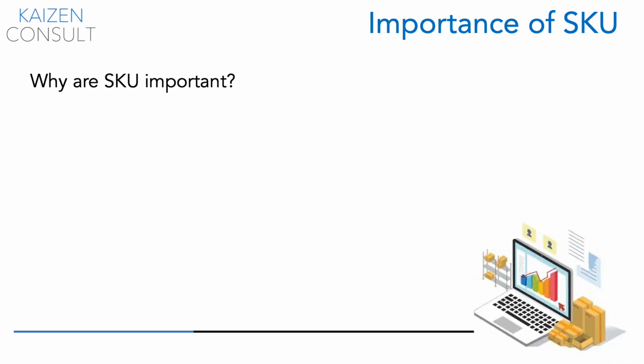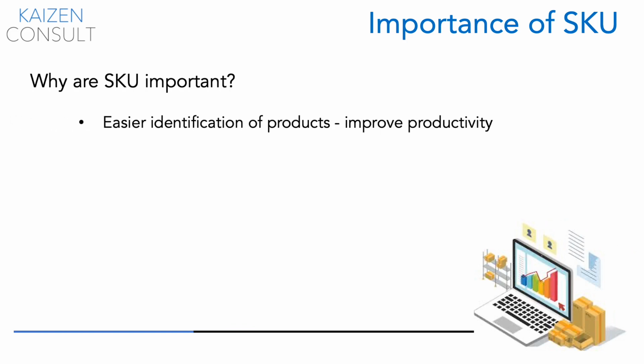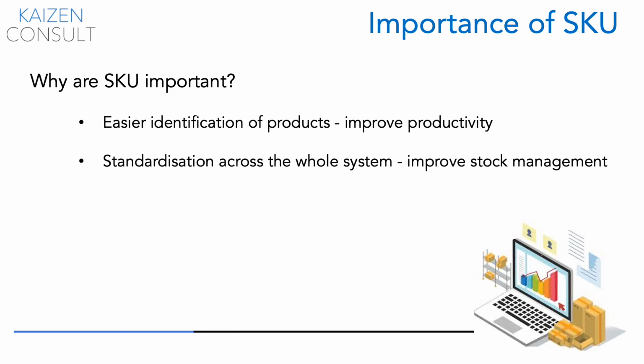The importance of SKU. So why are they so important? They provide an easier identification of products for you and for others, and therefore improve productivity. They create a standardization across the whole system to convey info quickly and improve stock management.